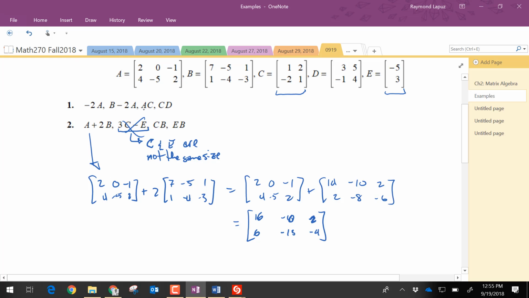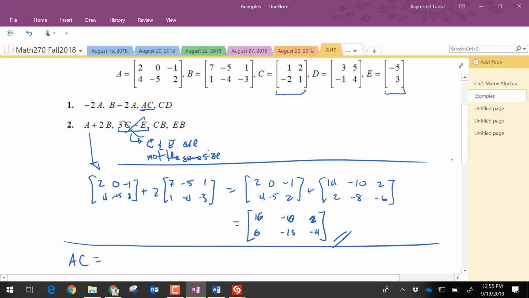Let's take a look at A multiplied with C. So A multiplied with C, we have 2, 0, minus 1, 4, negative 5, 2, multiplied with C, 1, 2, minus 2, 1. Positive 1, right?